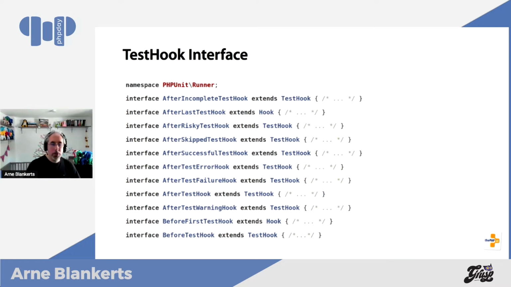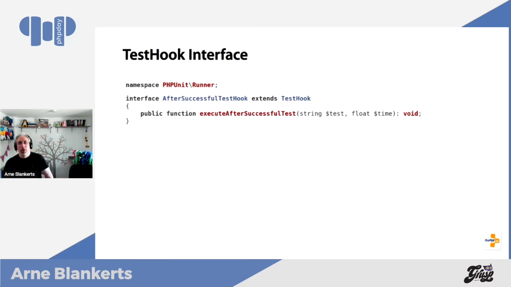So instead of passing around potentially large objects, even objects that PHPUnit uses internally so that you could modify or change any kind of calling, whatever kind of things you might do with these objects, this is all removed and you just get very simplistic things.